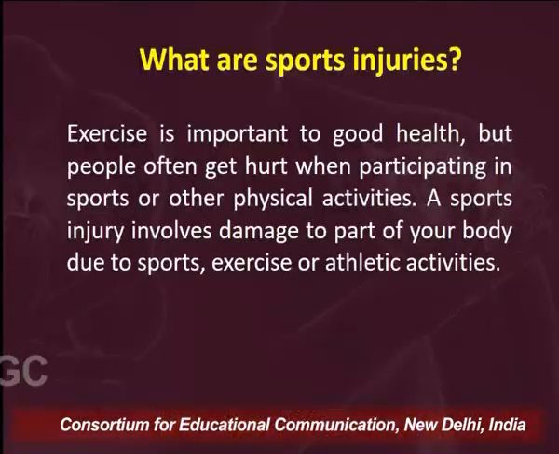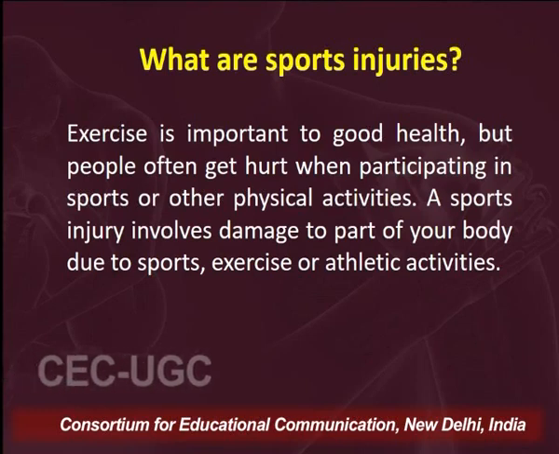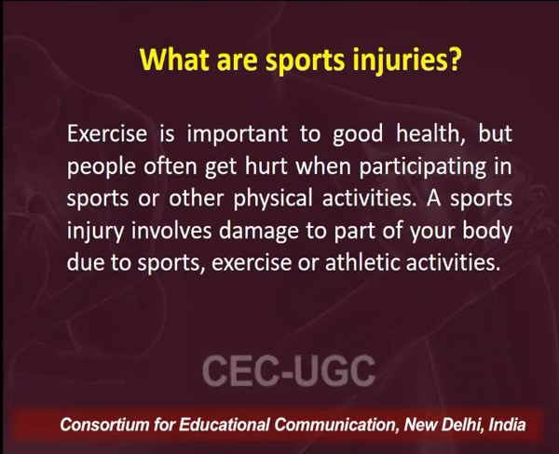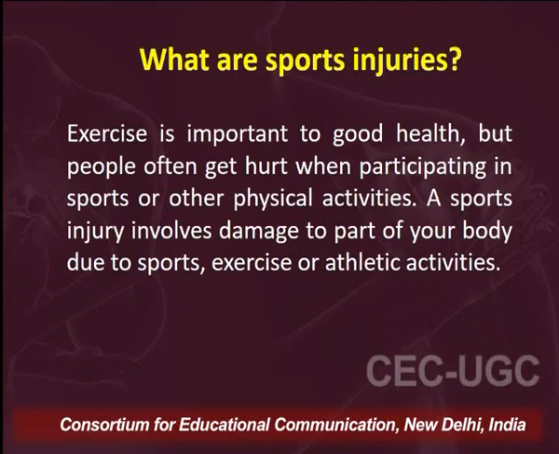So, what is a sports injury? Exercise is important to good health, but people often get hurt when participating in sports or other physical activities. A sports injury involves damage to part of your body due to sports, exercise, or athletic activity.